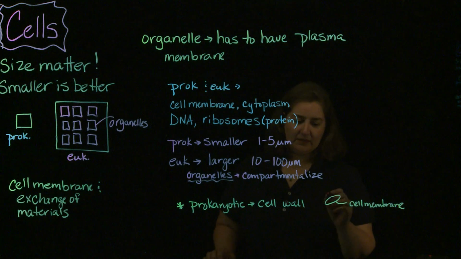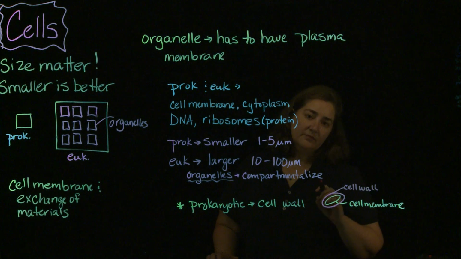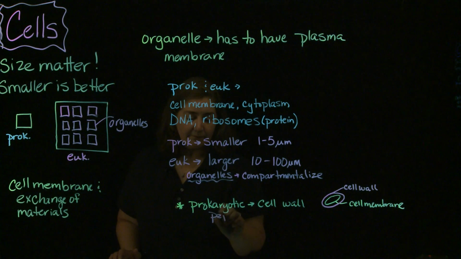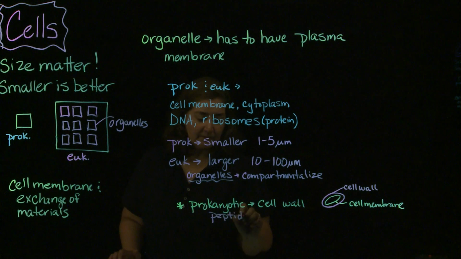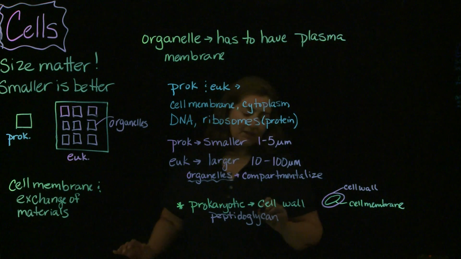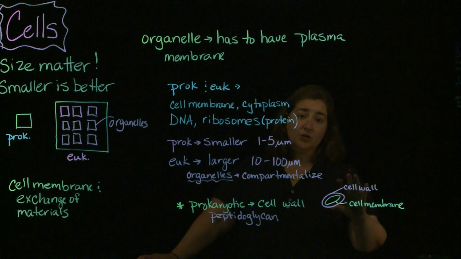And then let me use pink so that you can see the color difference. Then around the outside of it, we're going to have a cell wall. And that cell wall in prokaryotic cells is made up of peptidoglycan. So it's made up of proteins and sugars, and that gives some structure to the prokaryotic cell.